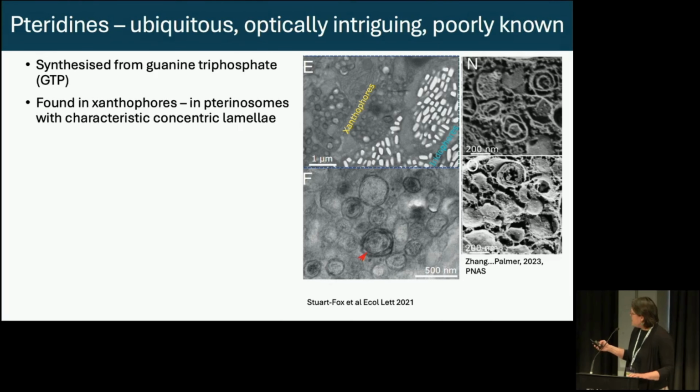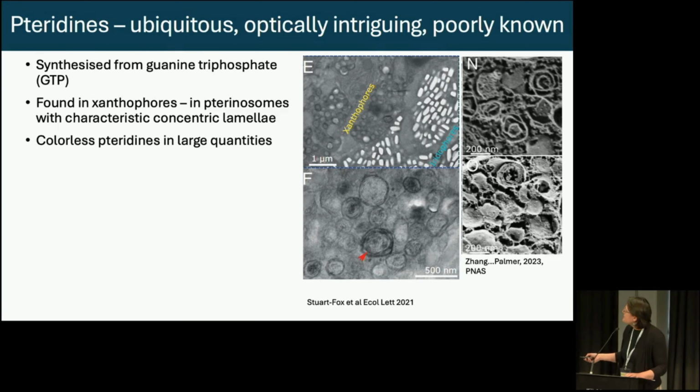Within the xanthophores, we know that they are found in these organelles with characteristic concentric lamellae, but they might be found in the other pigment cell types as well.